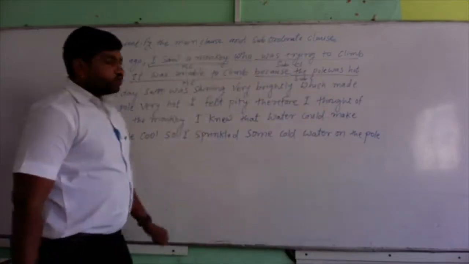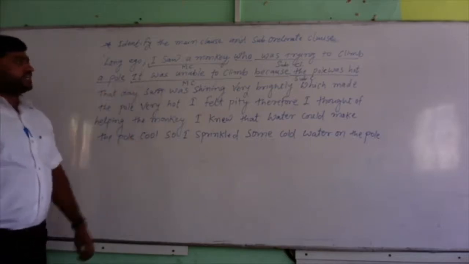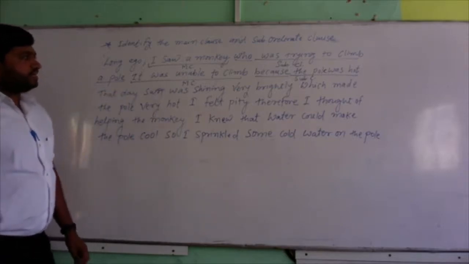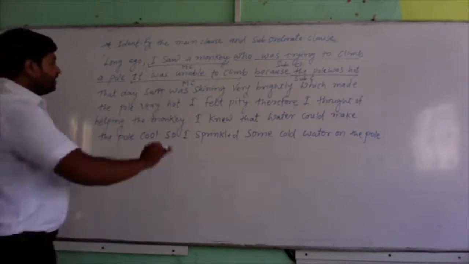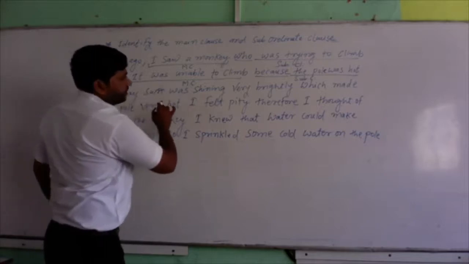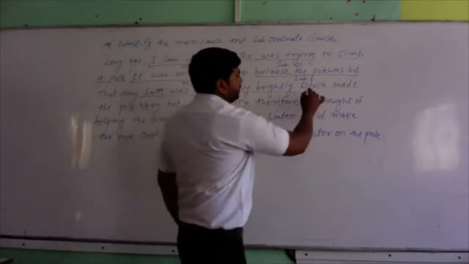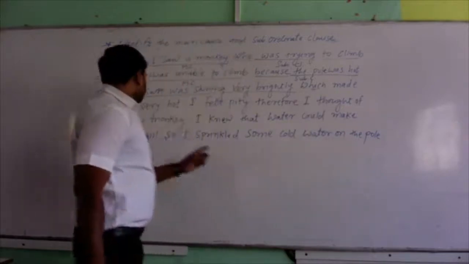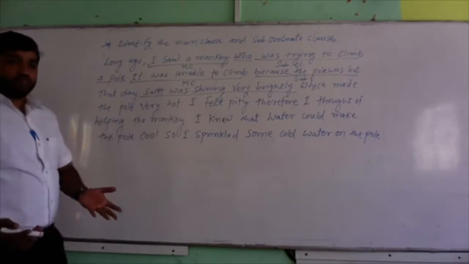Okay. So third sentence, that day the sun was shining very brightly, which made the pole very hot. The sun was shining very brightly, then which is the connector, which made the pole very hot. Which made the pole very hot is incomplete.